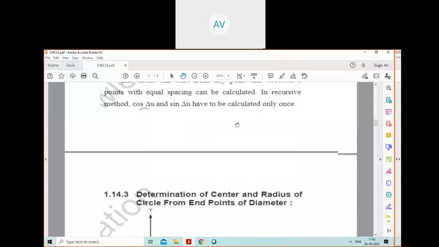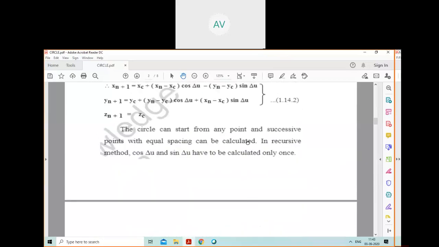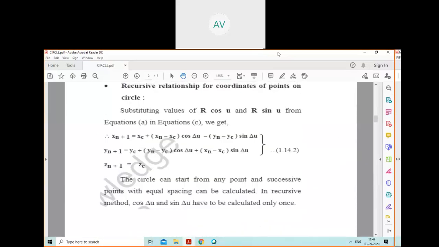All of you note down these two formulas. Only a two-dimensional circle is there, that's why z at n plus 1 will be equal to zc only.